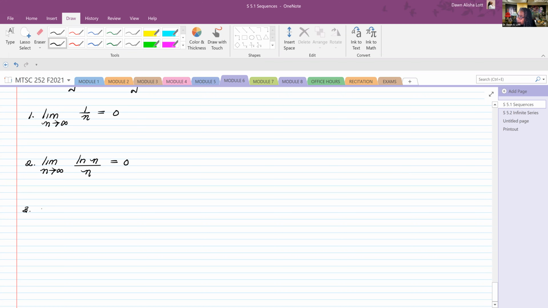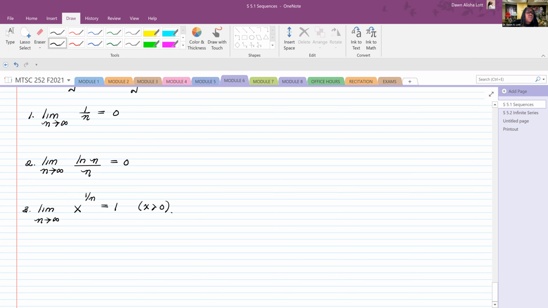Okay, so now the limit, you can use L'Hopital's rule to show this one, as n approaches infinity of any number x to the 1 over n is equal to 1, as long as x is positive, because I can't take the log of a negative number.